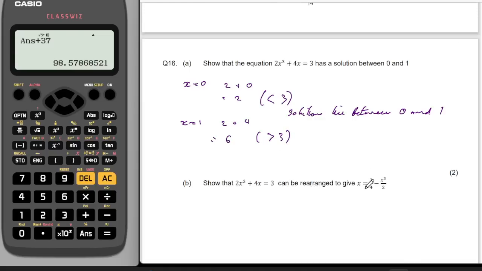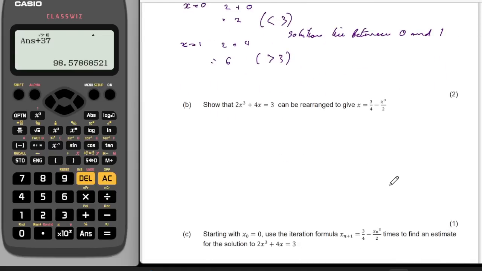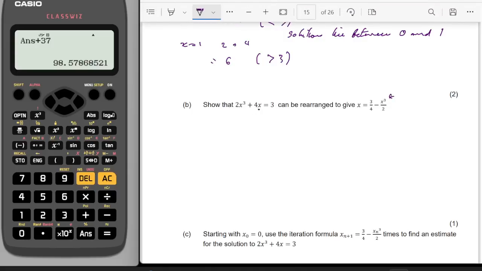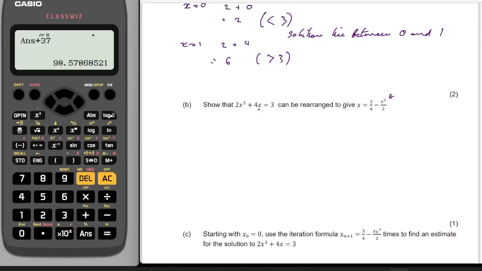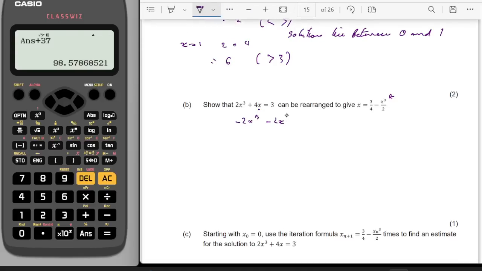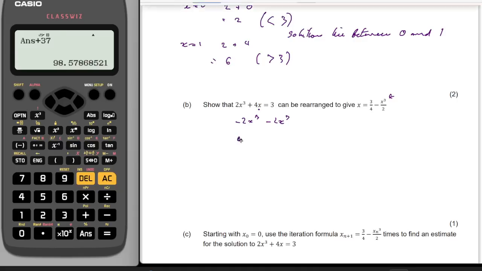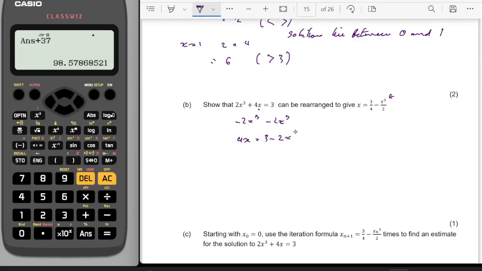Next bit, show that it can be rearranged. So we're priming ourselves for the iterative formula. If I look at how they've rearranged it, they've rearranged it with still an x cubed in, so in effect I'm going to rearrange to make x the subject. To do that, I'm going to minus 2x cubed from both sides, so that's going to be 4x is equal to 3 minus 2x cubed.